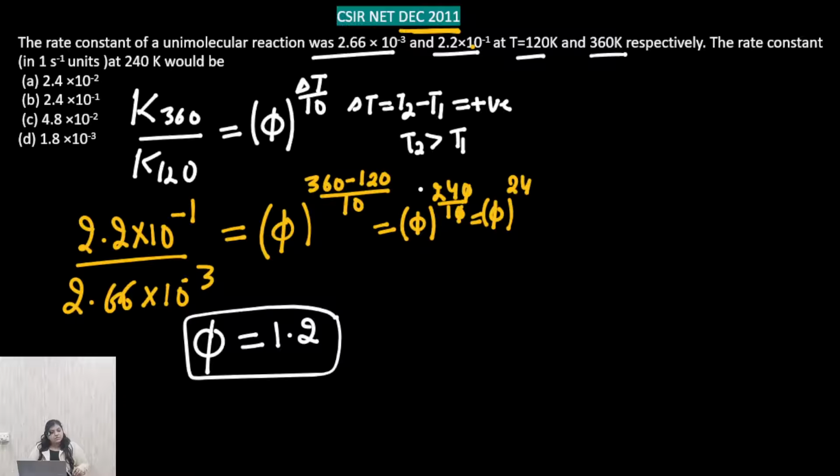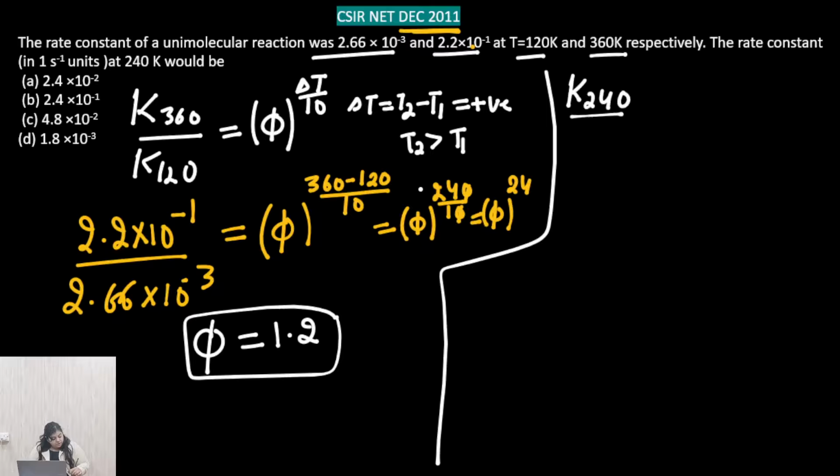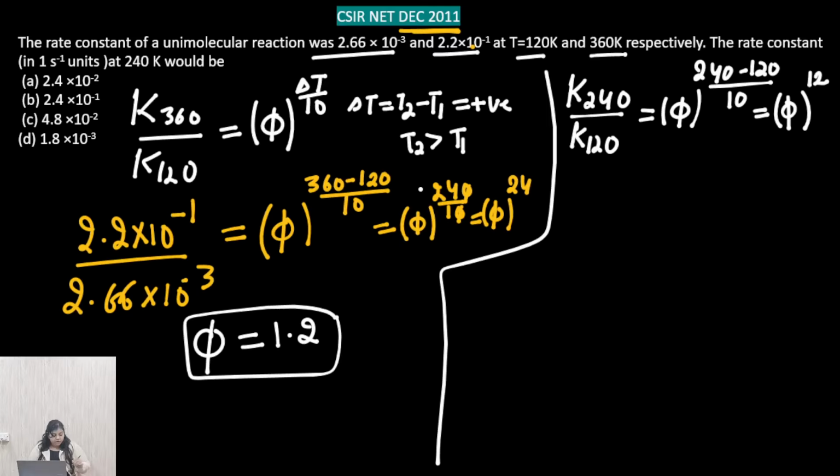Now using this phi value, we can find the rate constant at 240 Kelvin. So now the rate constant at 240 Kelvin upon the rate constant at 120 Kelvin will be equal to phi raised to the power of temperature change, 240 minus 120 upon 10, right? That will be equal to phi raised to the power of 12. So now all the things are known to us, so we can find the rate constant at 240 Kelvin.